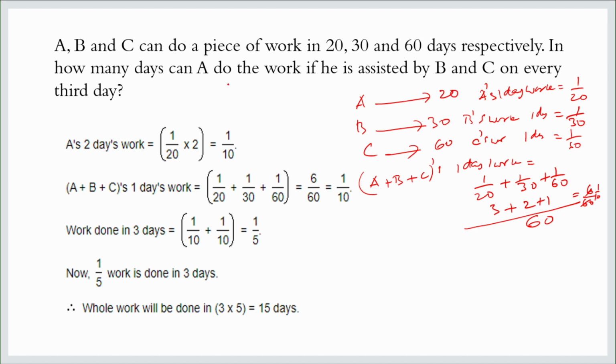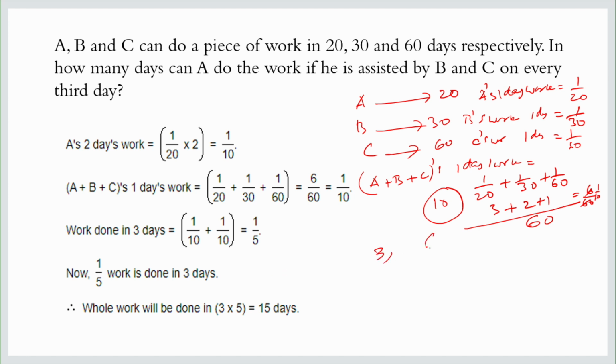How many days can A do the work if A is assisted by B and C every third day? Every third day means here all the 3. So, the total work would take 10 days. For every 3 days, how much work is done?